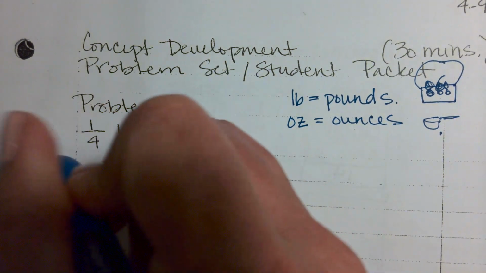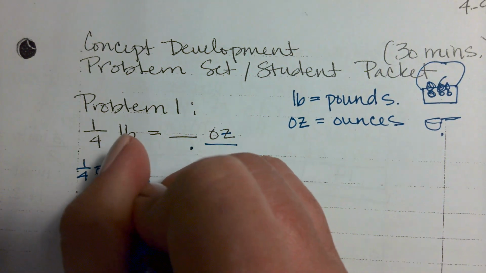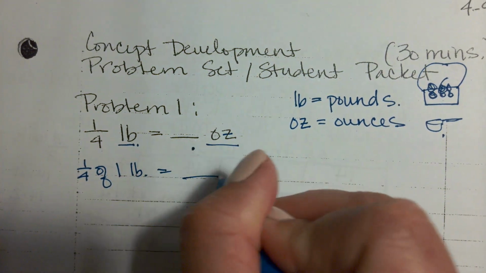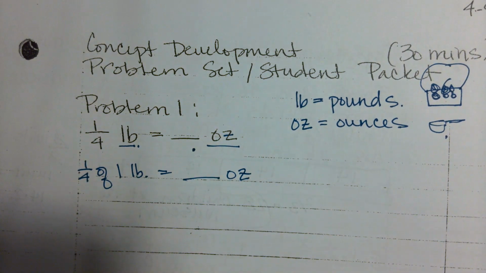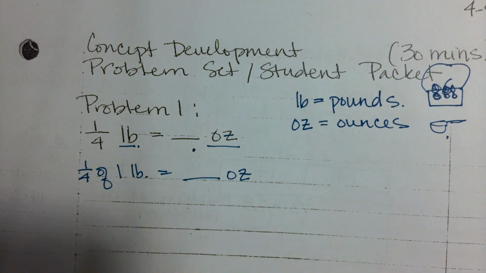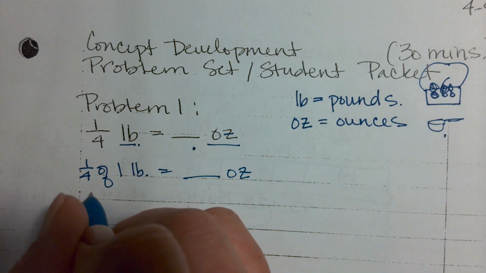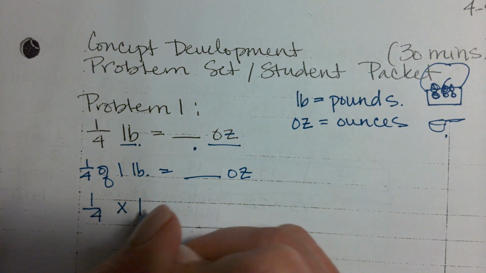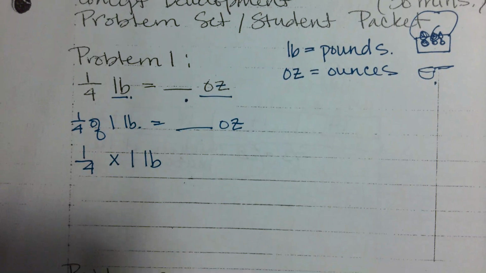So 1/4 of 1 pound is equal to how many ounces? But that's generally how it'll look. All right, so we can also write 1/4 times 1 pound. 1/4 times 1 pound.